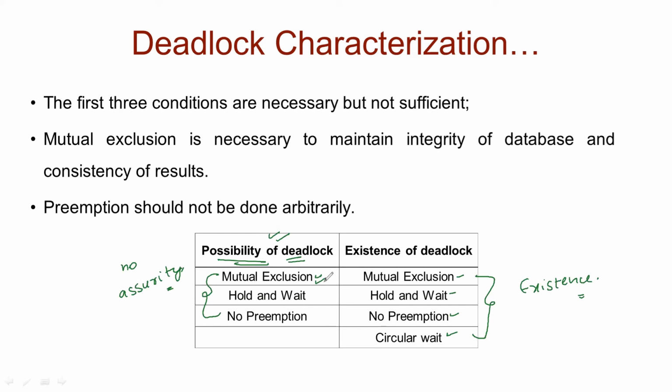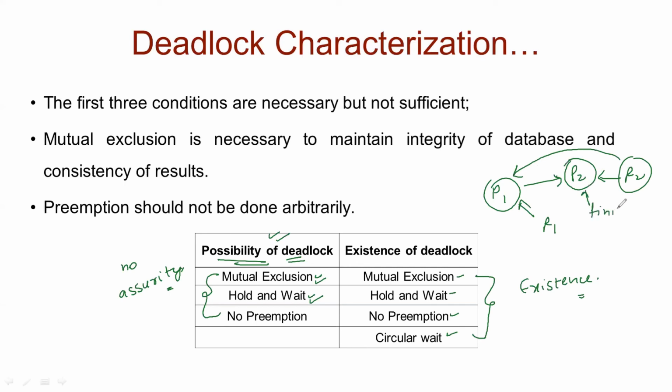This is a necessary condition. Hold and wait. P1 is holding a resource R1 and it is waiting for some resource which is held by P2. R2 is with P2 and P1 needs this resource R2. But it is possible that P2 finishes its execution.